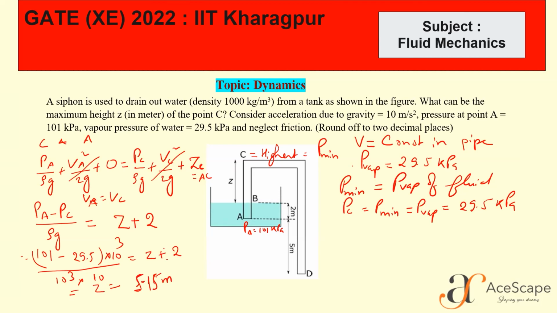Okay. This was a basic application of Bernoulli, but the main concept we need to understand is that the minimum pressure we will get is at point C, and in this case it will be equal to the vapor pressure, just to avoid the phenomenon called cavitation. It is defined as when P minimum is less than the vapor pressure of the fluid, so water starts to boil.